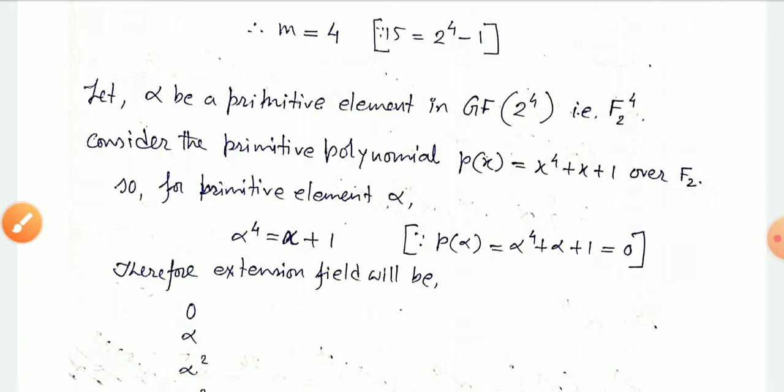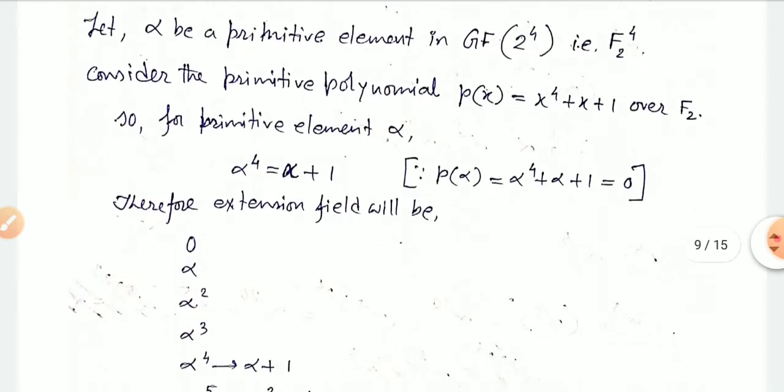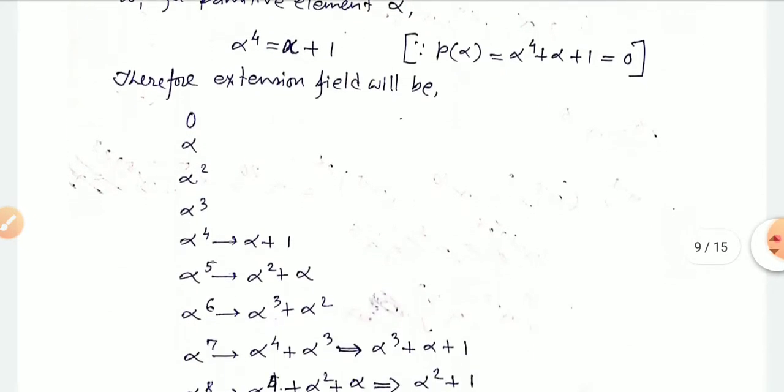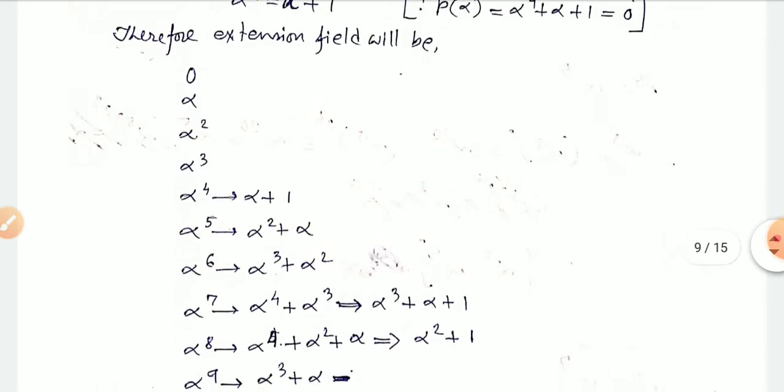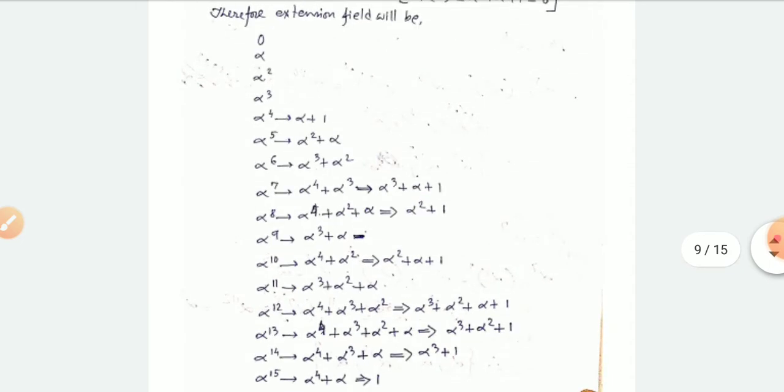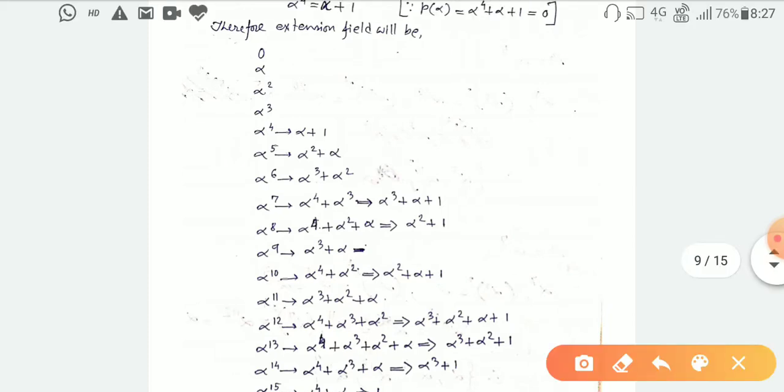As the value of small n is equal to 15, alpha power is written up to 15. Look, it is written up to 15 there. So alpha is written up to 15, starting from alpha to the power of 1 and ending at alpha to the power of 15.